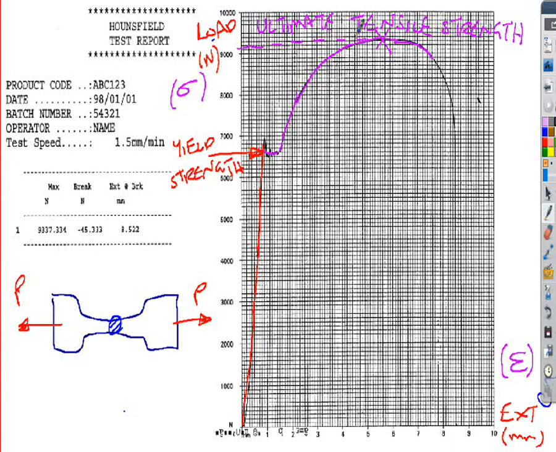Ultimate tensile strength is often given the symbol sigma UTS here, and this one can be called sigma Y, for sigma yield. That's the notation that's often used for these particular locations. So the ultimate tensile strength is failure. That's when it's broken into two bits.